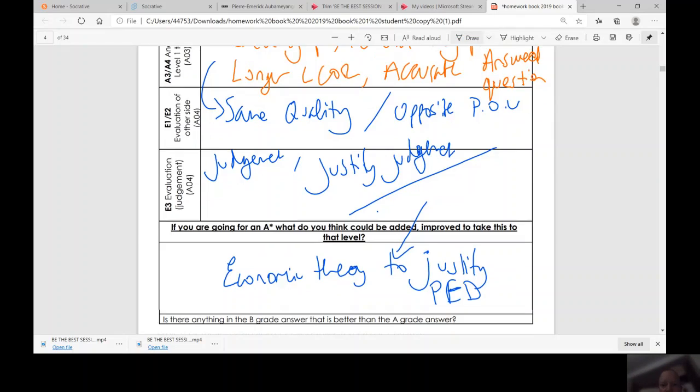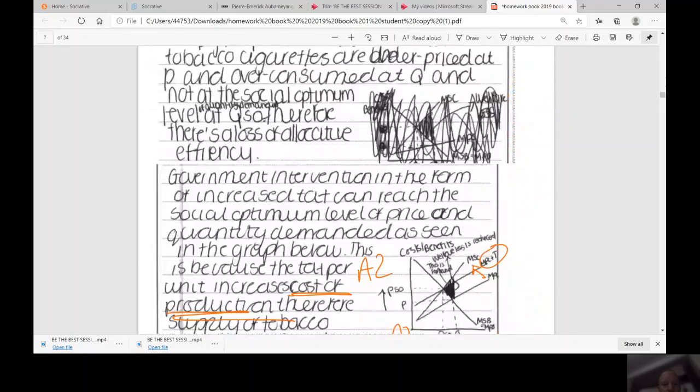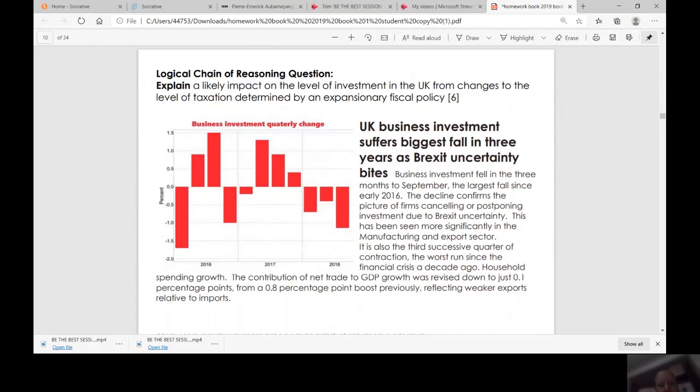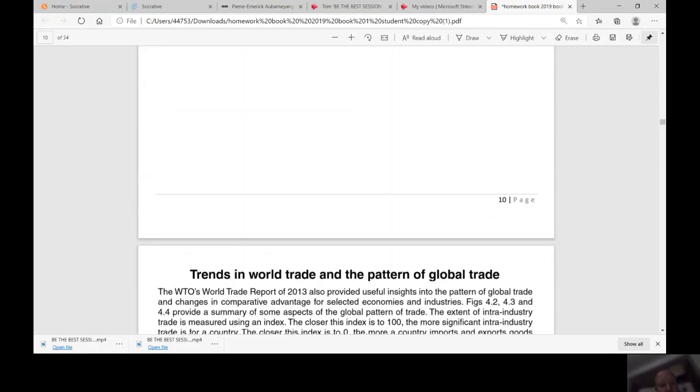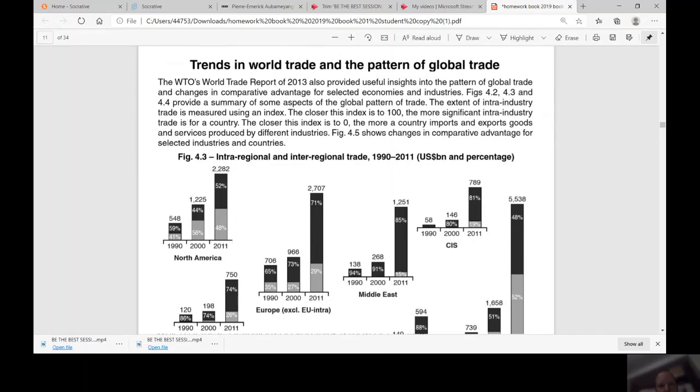Just a little heads up then for next week's homework. We're going to skip that question because it's only 6 marks and isn't much of a homework, and we are going to jump onto the trends in world trade and the pattern of global trade.